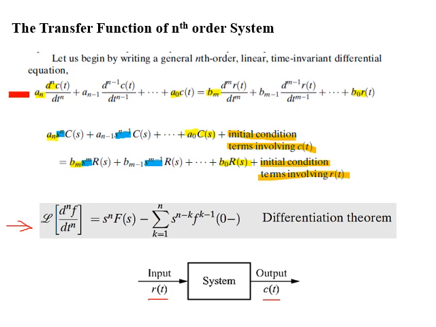Further, we'll assume that all initial conditions are 0. This means that the system is initially at rest, or we don't have any prior information of the system.